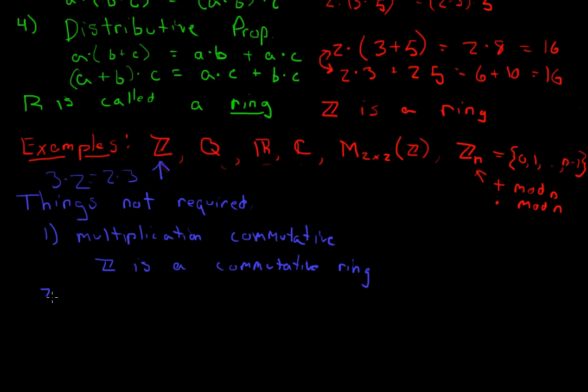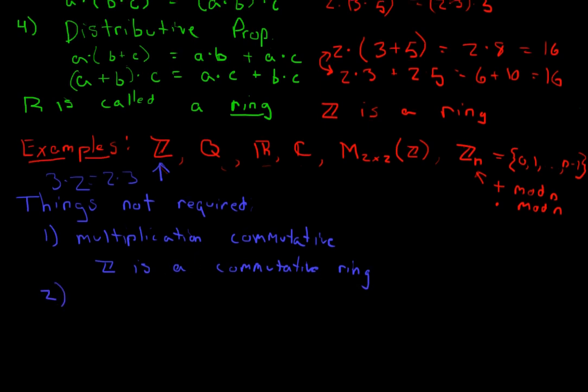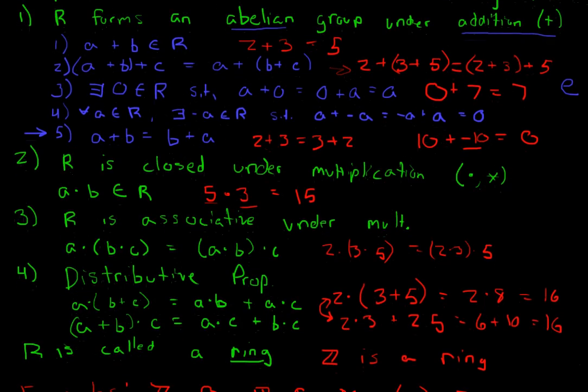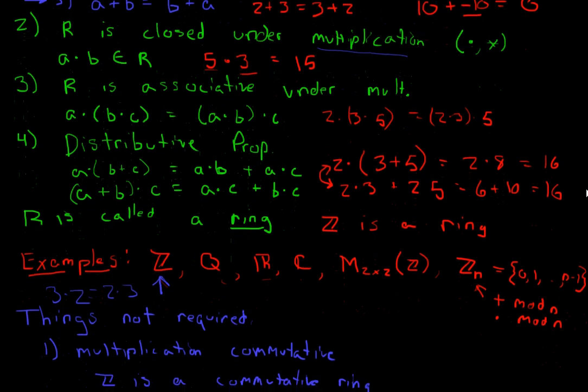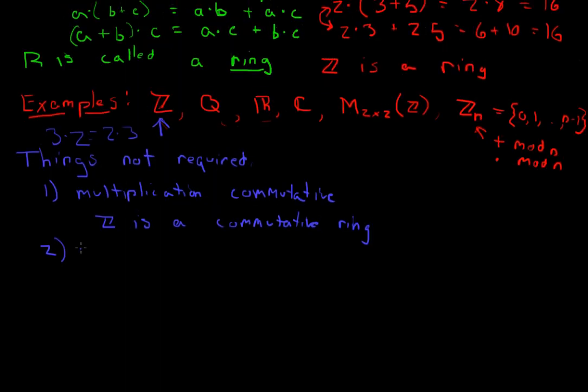Okay, now 2. Let's go back to our definition. Again, right here, I said that there is an additive identity, in other words, an identity for the operation addition. I did not say that there has to be an identity for the operation multiplication. So, a multiplicative identity.